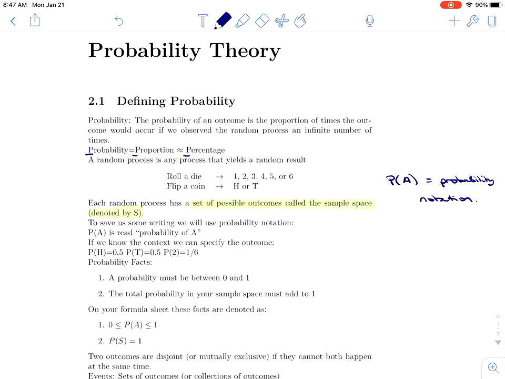And so if we have something like P of A, we just read it as the probability of A, where A denotes a random process or outcome.